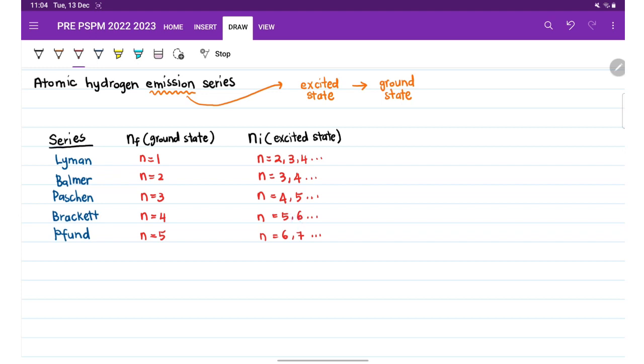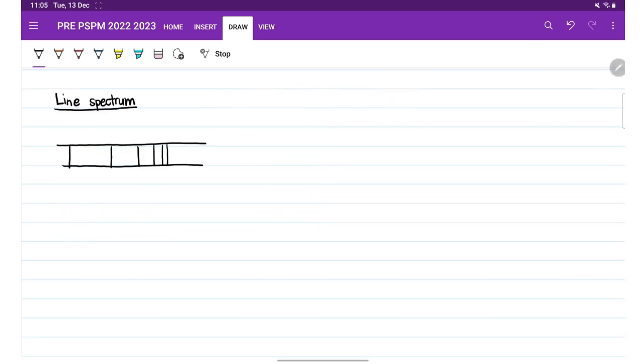Okay, now, daripada kita punya atomic hydrogen series, kita akan tengok, the first one, on how to read our line spectrum. So, this is an example of a line spectrum. Okay, so katakan dekat sini, kita nak tengok line spectrum untuk Lyman series. Kita tahu kalau kita ada Lyman series, dia punya n final, ataupun ground state adalah n sama dengan 1.